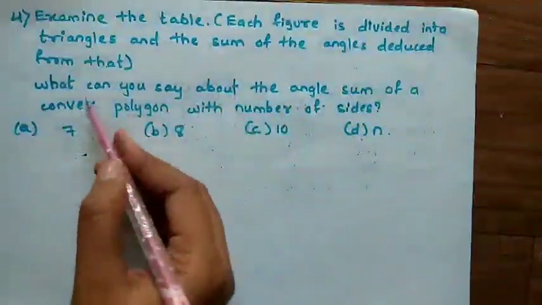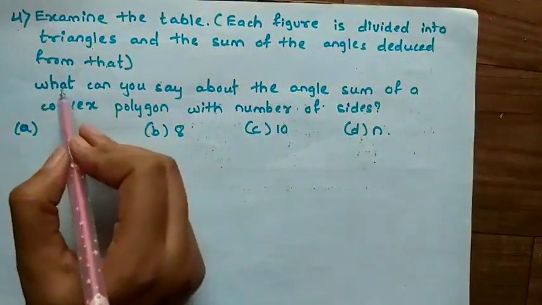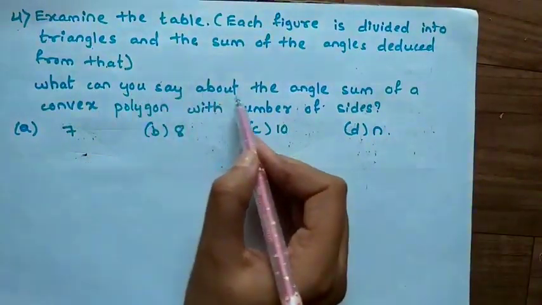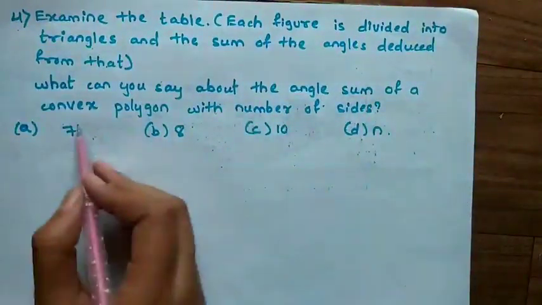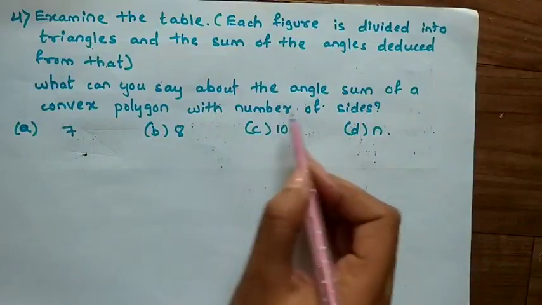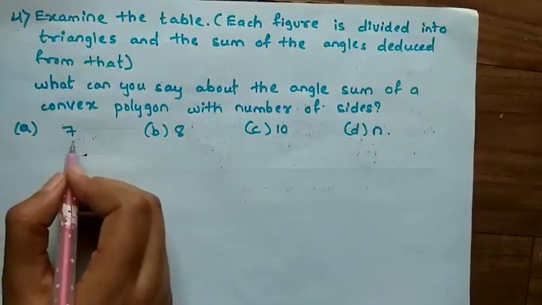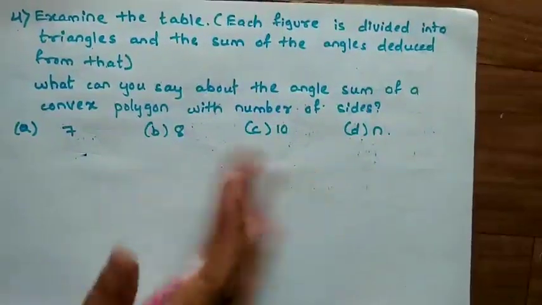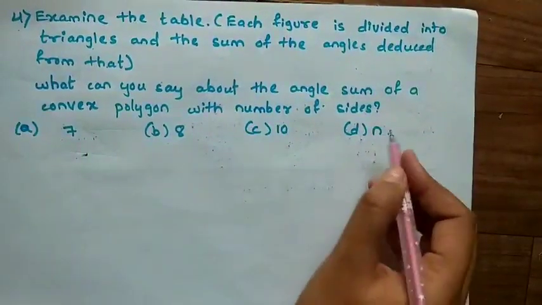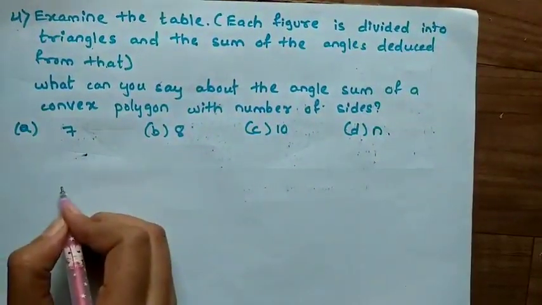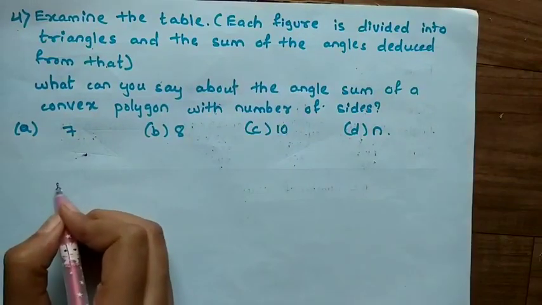Next, what do we have to prove in this question? What can you say about the angle sum of a convex polygon with a given number of sides? In this question they give a number of sides. We have to apply the formula (n minus 2) into 180 degrees.